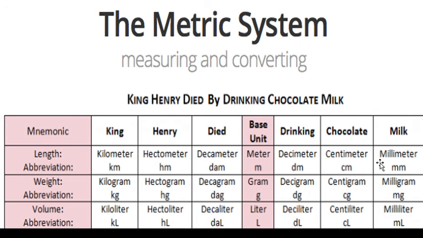Now you will say, where do we use these things in our daily life? Like if you go to buy sugar or rice in a grocery shop, you will say to the person that you want 1 kg of rice. If you go to buy milk, you will say 1 liter.